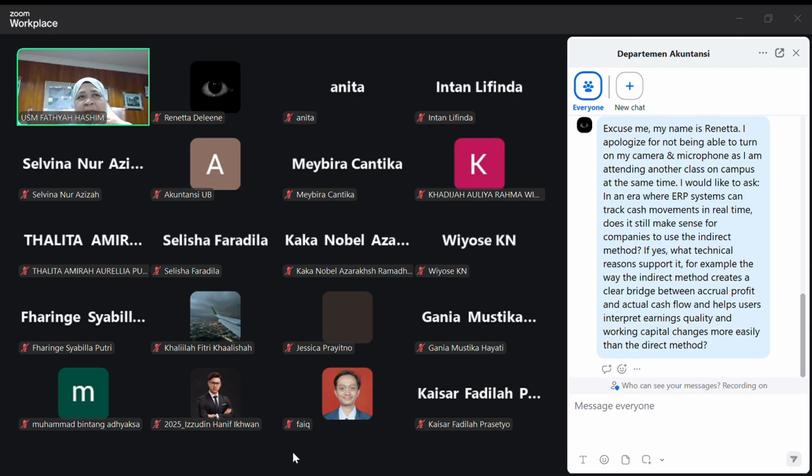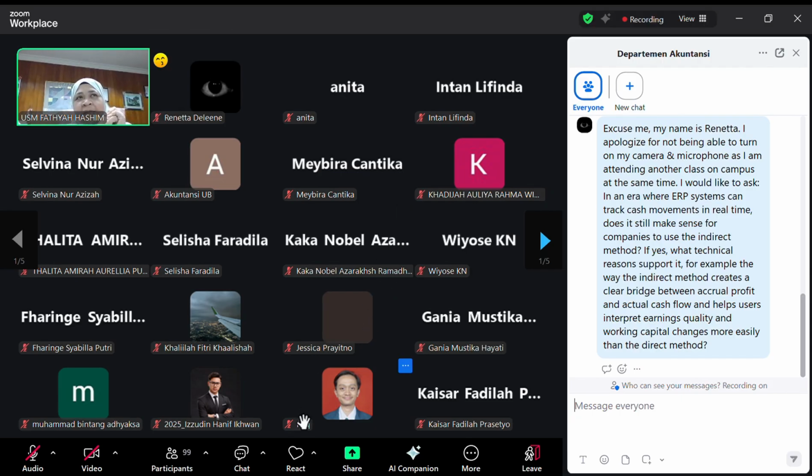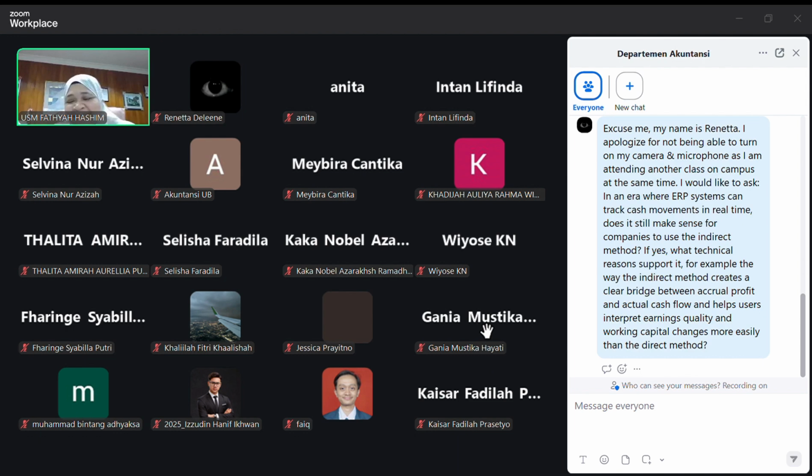But still, yeah, just for reconciliation purposes, as what we have seen for the bank reconciliation statement, this is actually professionally required. They would also request for that.